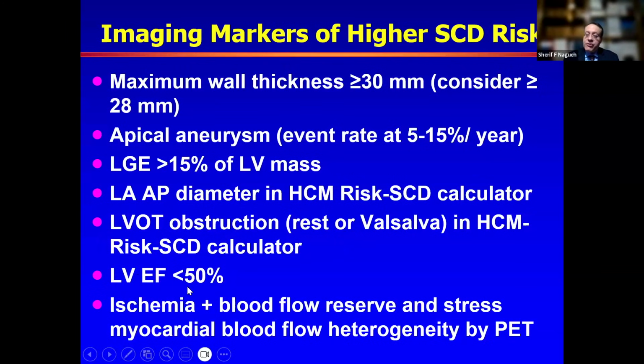On the other hand, an ejection fraction of 50% or less is a major risk factor and is enough by itself to make the recommendation for ICD implantation. The presence of ischemia, be it with SPECT, PET, CMR, is also associated with a higher risk.